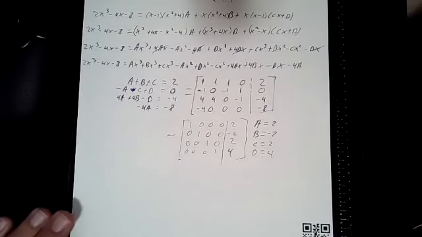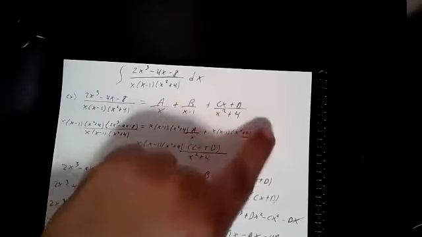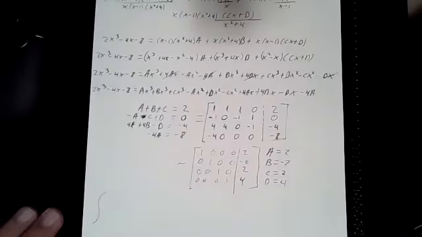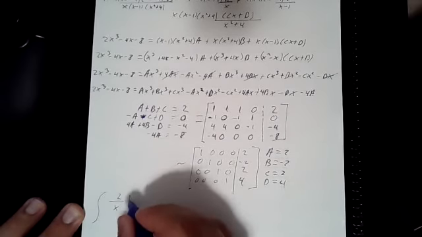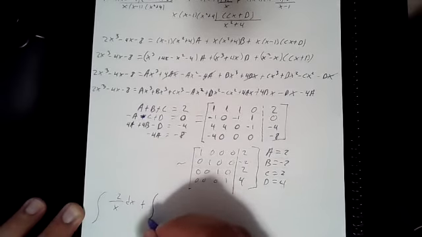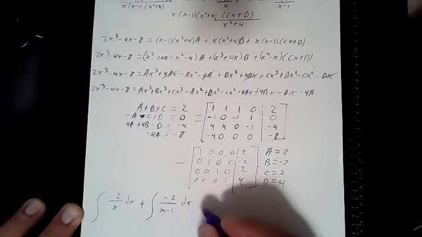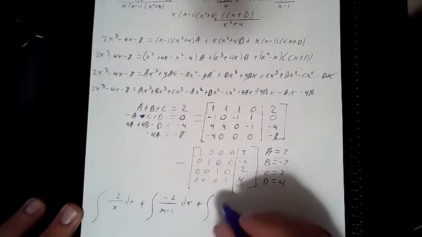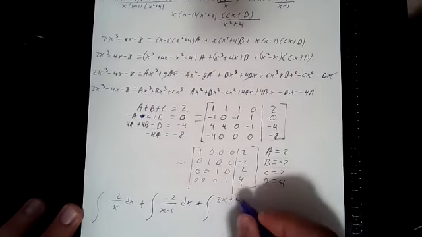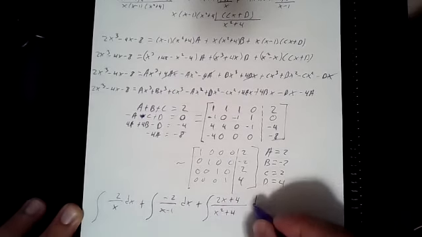So we will now integrate, right? Replace all the A, B, C, D and start integration. So 2 over x dx plus negative 2 over x minus 1 dx plus the integral of 2x plus 4 over x squared plus 4 dx.